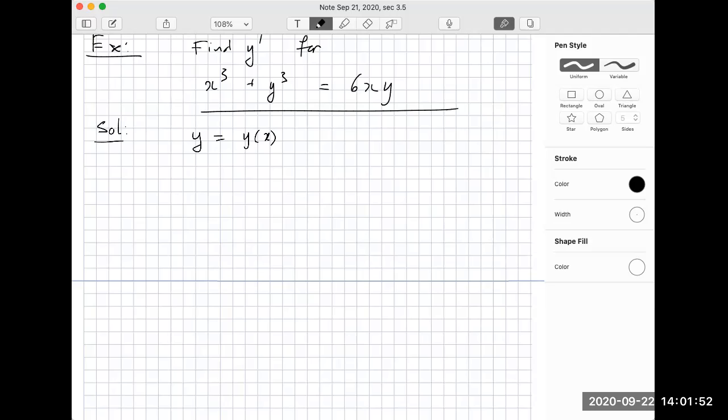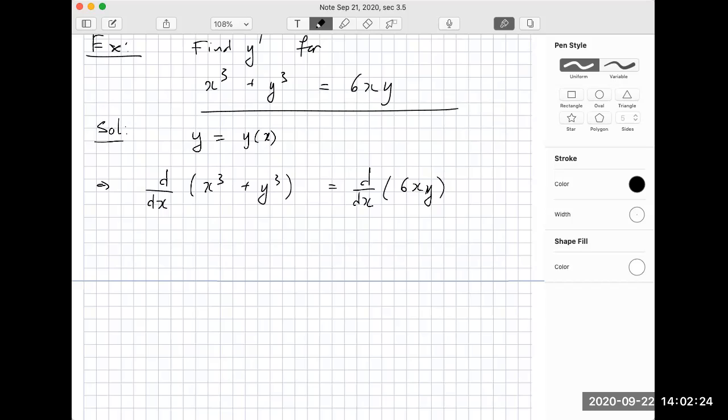Right? So what should we do to find the y prime in this case? Very good. So when we take the derivative of both sides, the left-hand side, it will be d over dx of the left-hand side equals d over dx of the right-hand side. We haven't done anything yet, but now, okay?